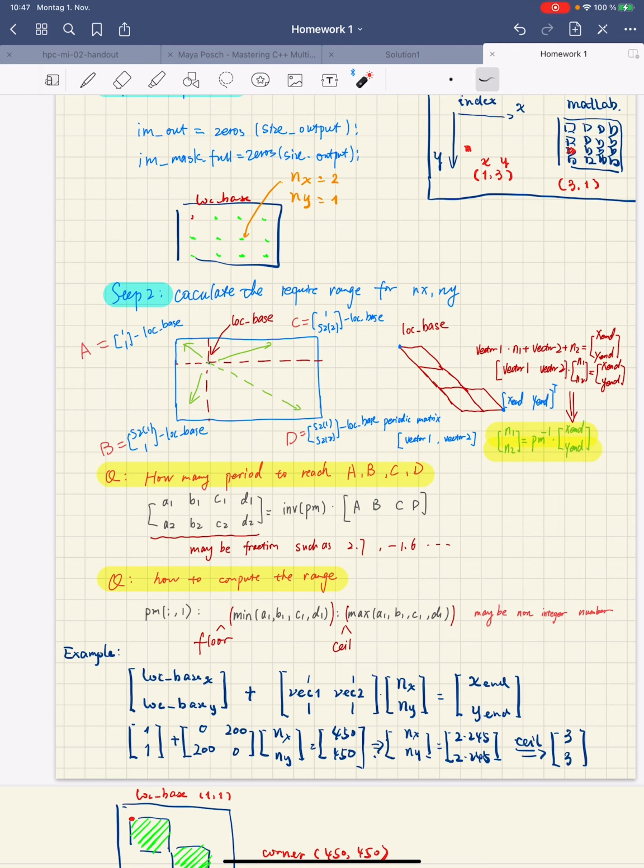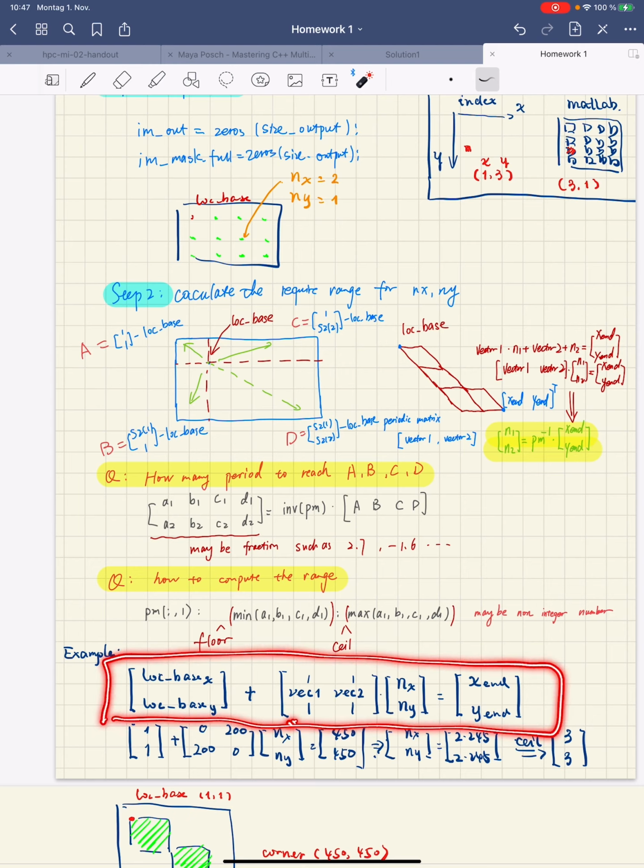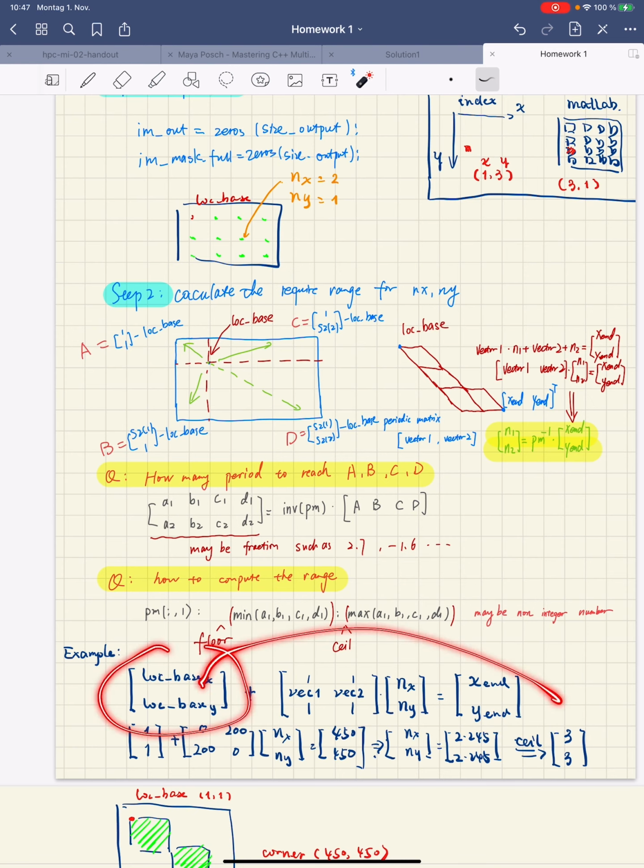Just remember that you need to do a little bit of reformatting here. For example, we're going to do a shifting of coordinates, because our coordinates are our location base here.